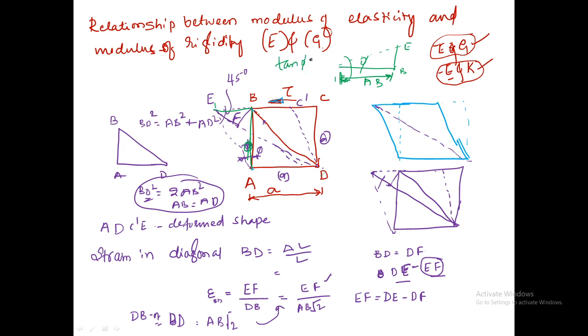Now tan phi equal to what? Opposite side by base, BE divided by AB. Are you agreeing?